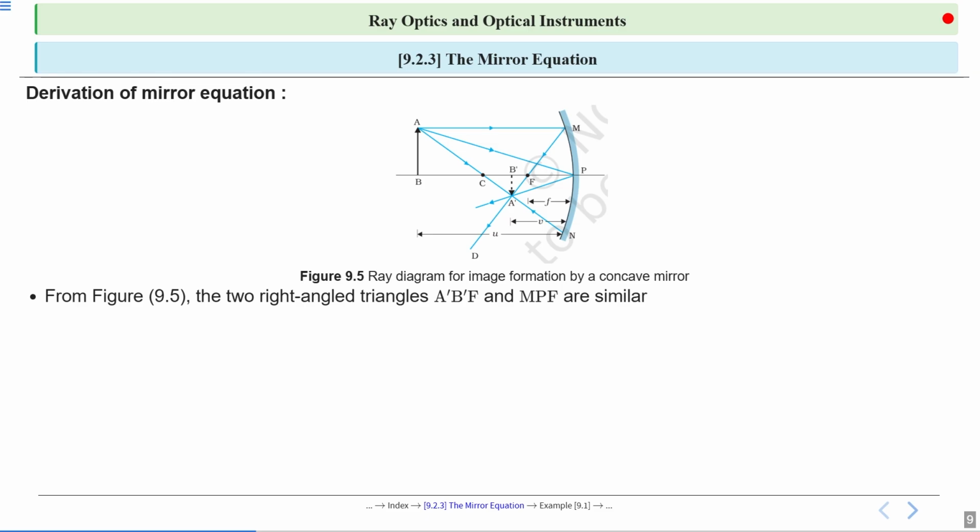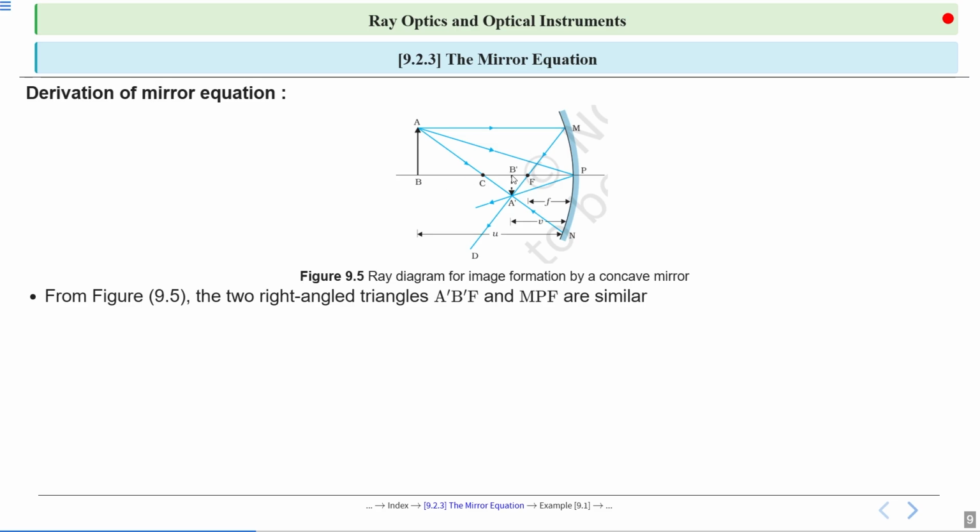Two triangles are given. They are similar, but one is large sized, one is small sized. So similar things differ in size, but according to their structure, according to their configuration, they are similar. So these two triangles are similar.